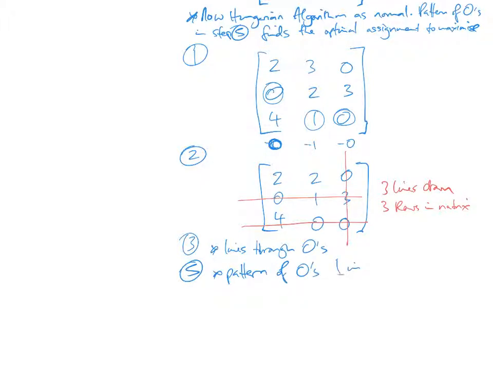One in each column and row. So what selection can I do that's going to ensure only one 0 in each column and row? This one is in its own row, so I can select that straight away.